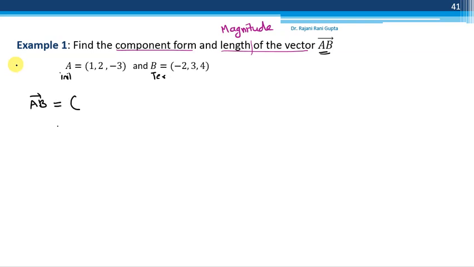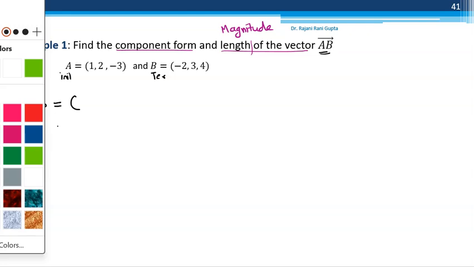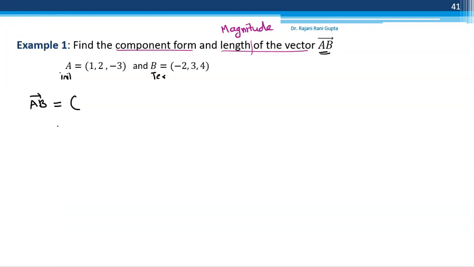It is always, see, if you write the terms here, what you will have? This is x1, y1, z1, x2, y2, z2. So you subtract minus 2 from 1. So minus 2, minus 1. Let's write it in the component. Anyhow, they are asking for the component form.